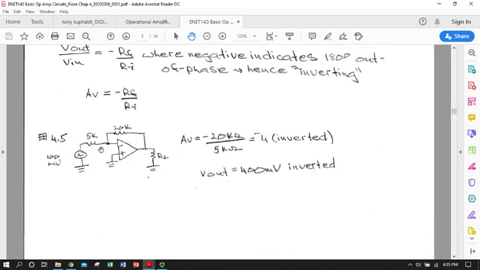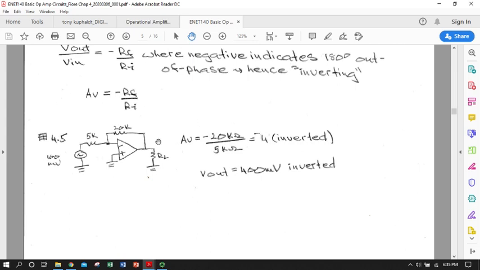So if I want to do a little example here, we've got a 5 kilo ohm resistor for R i and a 20 kilo ohm resistor for our feedback network. We're putting in a 100 millivolt signal. This is an AC signal, so I'm assuming that's probably an amplitude. We just define the gain as R F over R i.